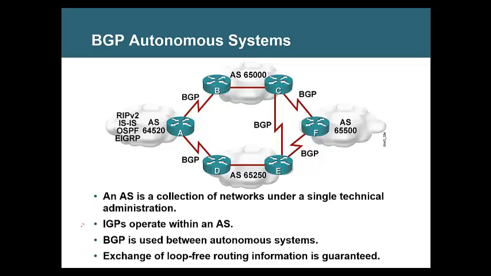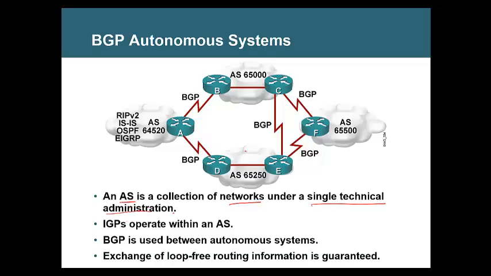Yes, sir. Next, Border Gateway Protocol, BGP, works between the autonomous system borders. For that, we should know what an autonomous system is. An autonomous system is a collection of networks under a single technical administration.